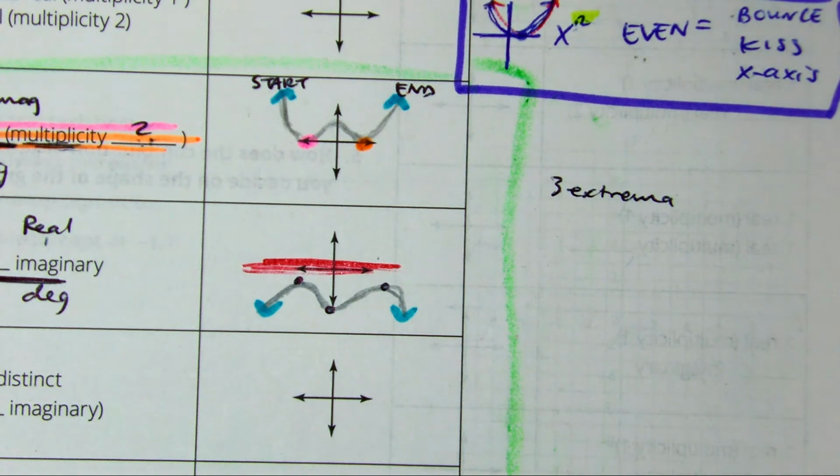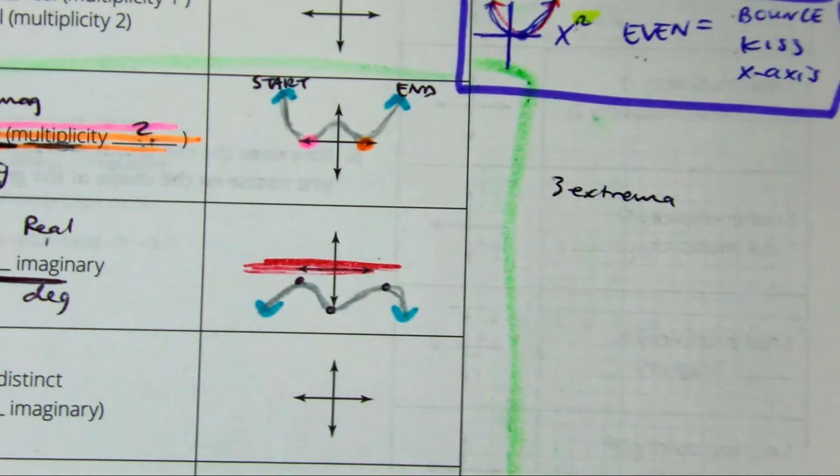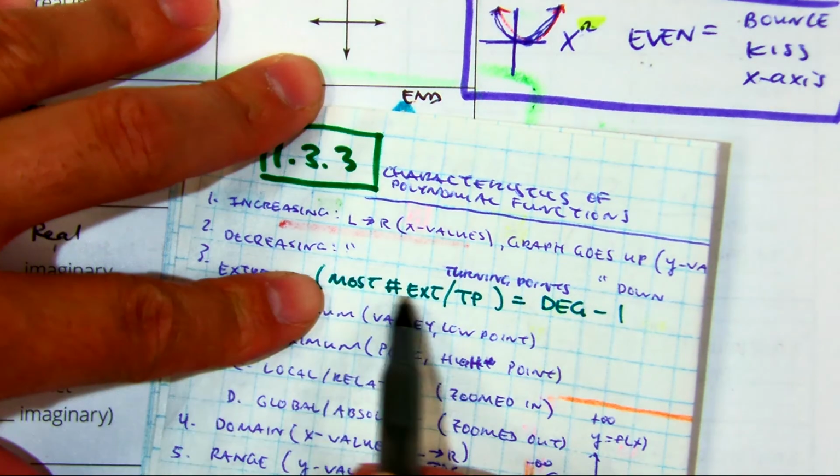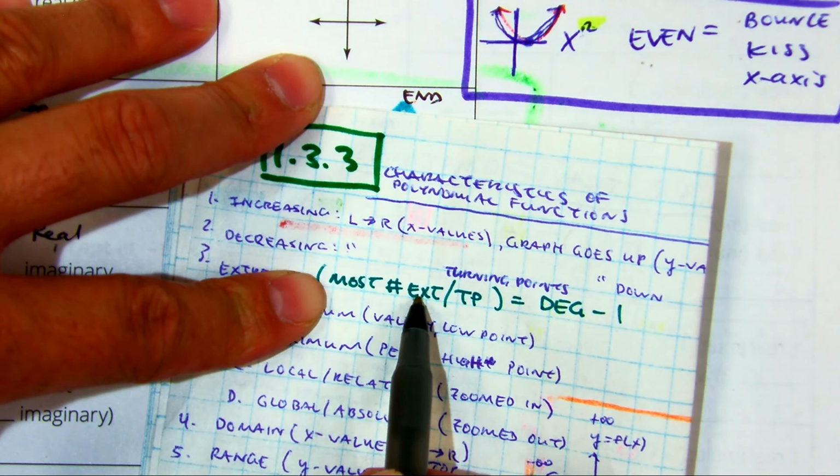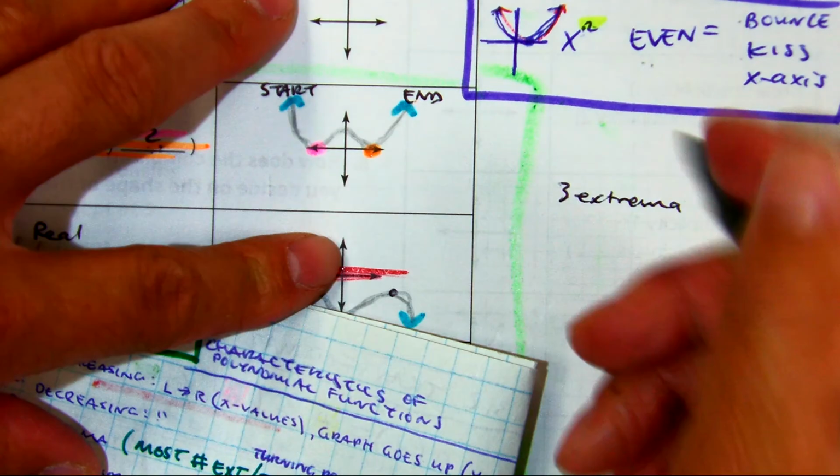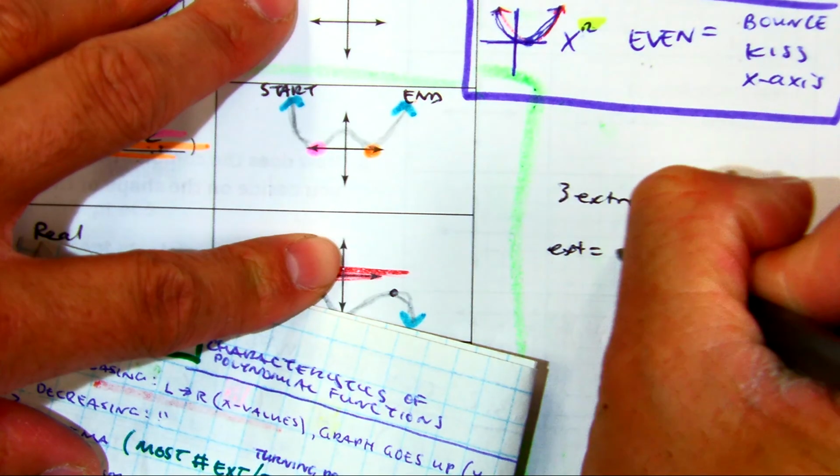Partner A to partner B, what do you think the formula we're going to use is? Class, what's our formula? Yeah, the most number of extremas is degree minus 1. So extrema equals degree minus 1.